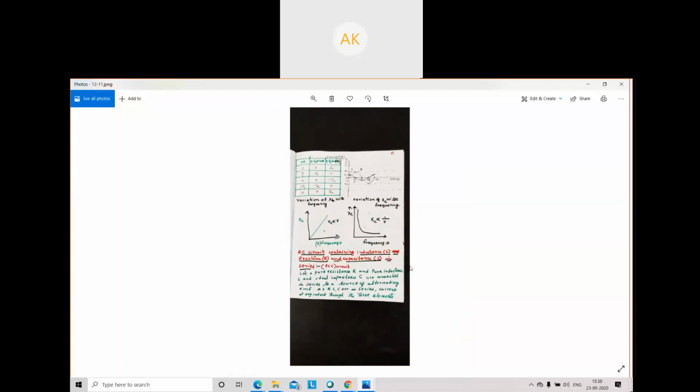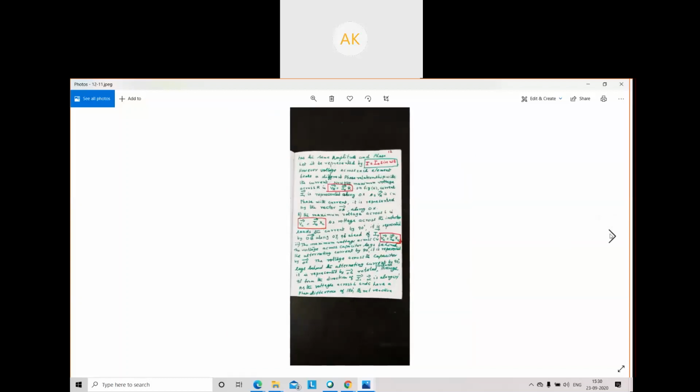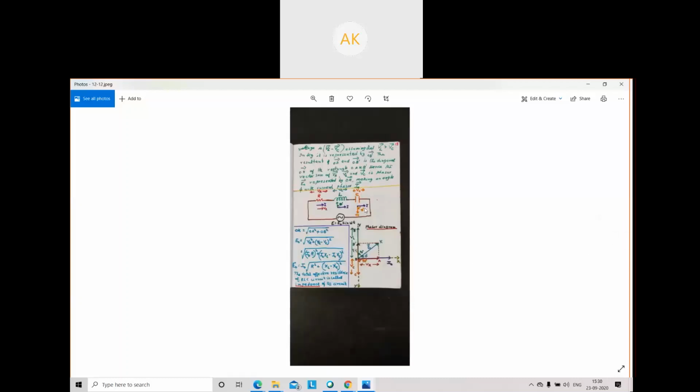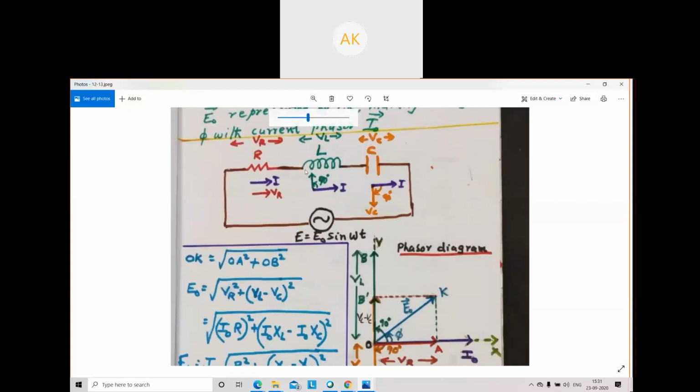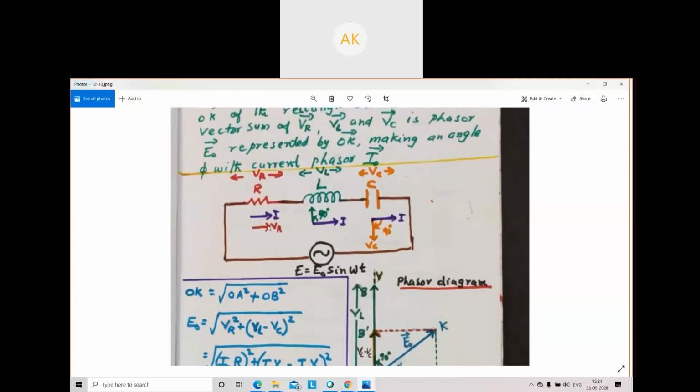So that diagram I'll show you. This is the circuit diagram for RLC circuit.